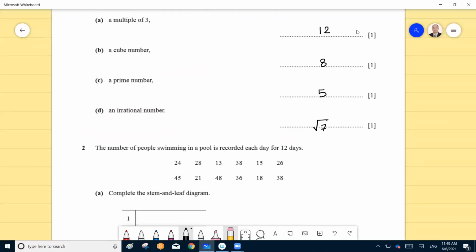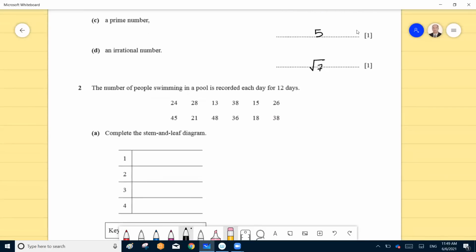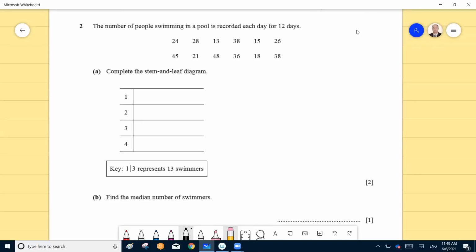The number of people swimming in a pool is recorded each day for 12 days. Complete the stem and leaf diagram. We have 24, 24, 45, 28, 8 here, 21, 13.